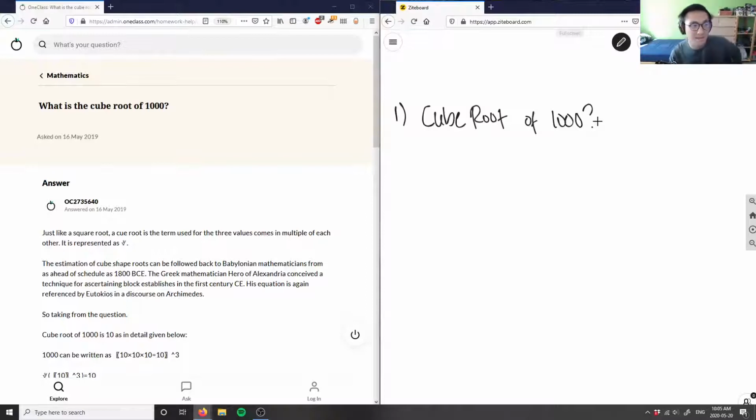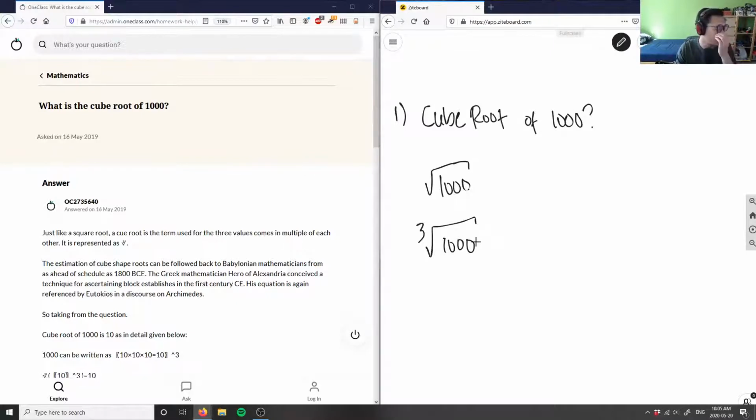We can rewrite this with a term. If we know a square root of 1,000 looks something like this, a cube root is when you stick a 3 before the root sign, and that makes it a cube root.